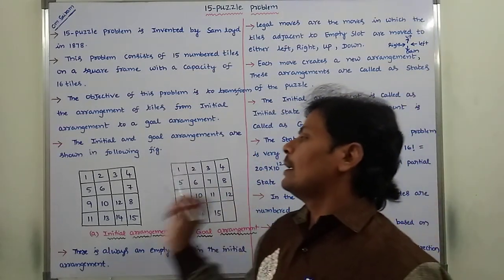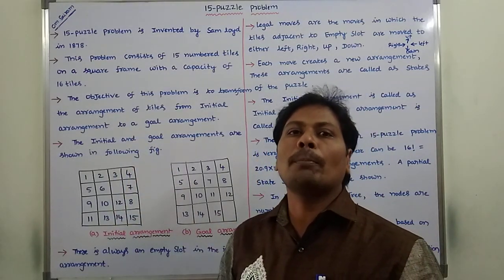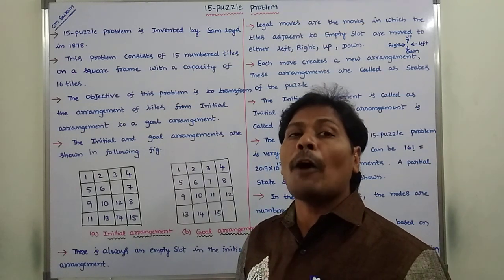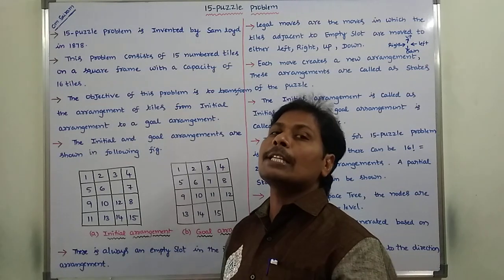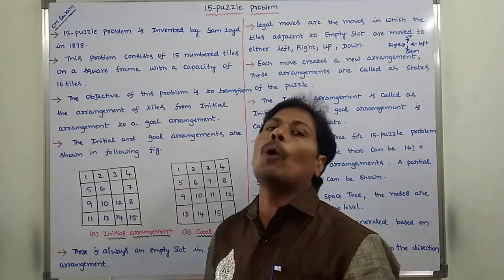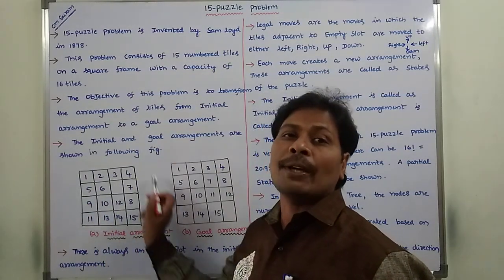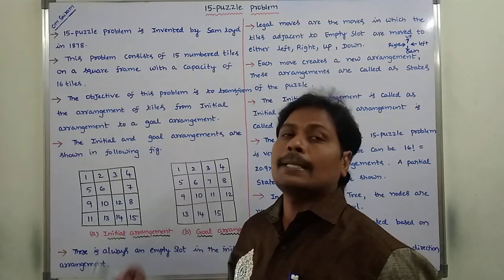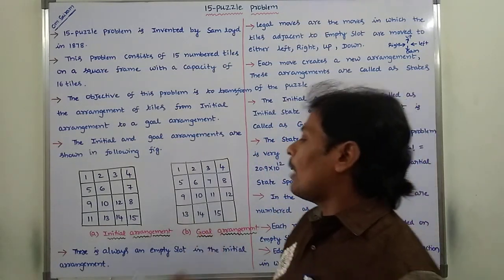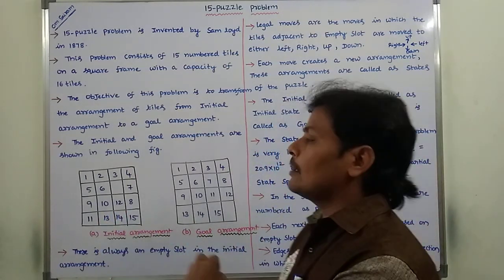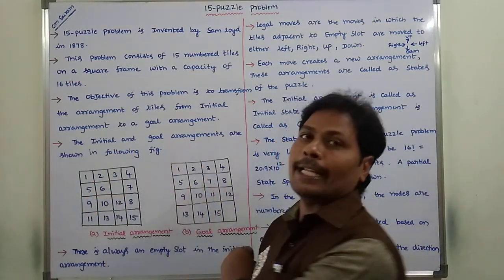Next one. The objective of this 15 puzzle problem is to transform the arrangement of tiles from the initial arrangement to the goal arrangement. This is the initial arrangement of tiles on the 16 capacity frame, and our main objective is to transform this arrangement to this arrangement.